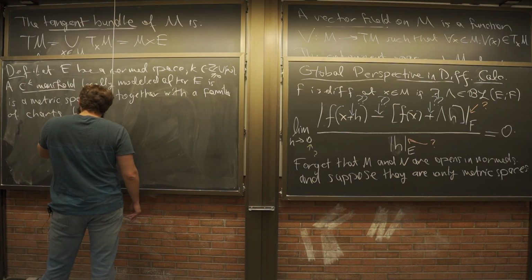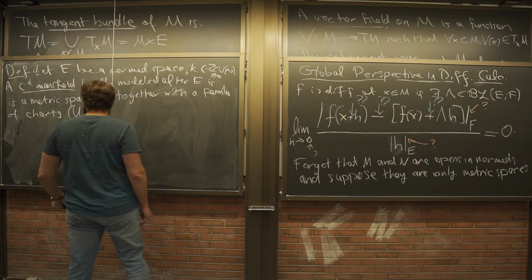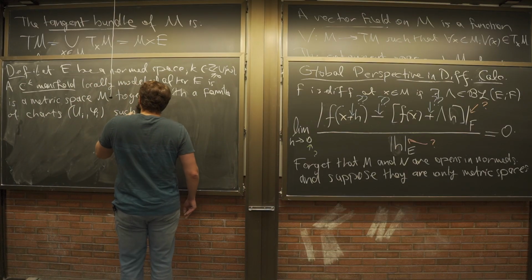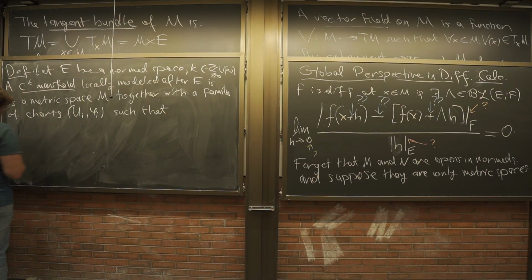These are denoted by (U_i, phi_i), such that each of these U_i's is an open subset in M. That makes sense because M is a metric space.